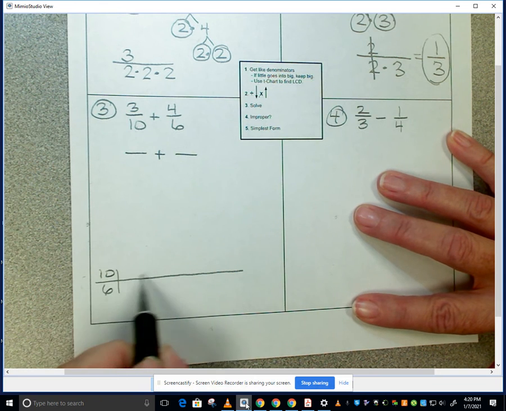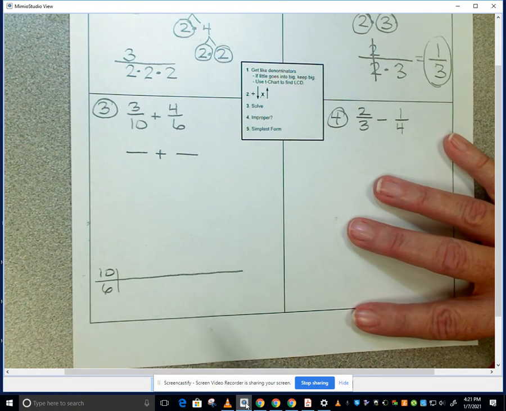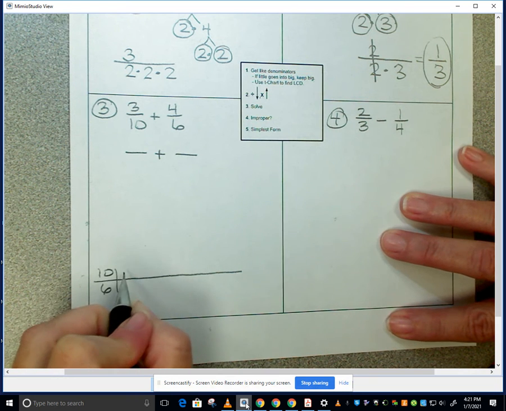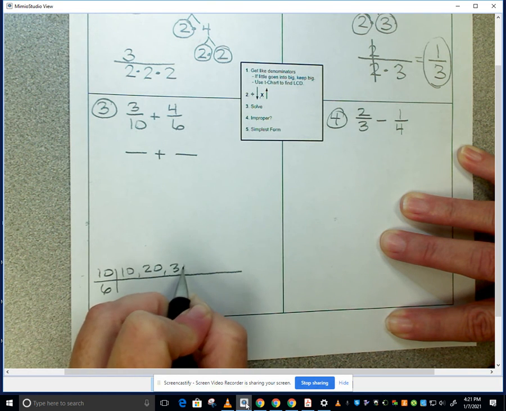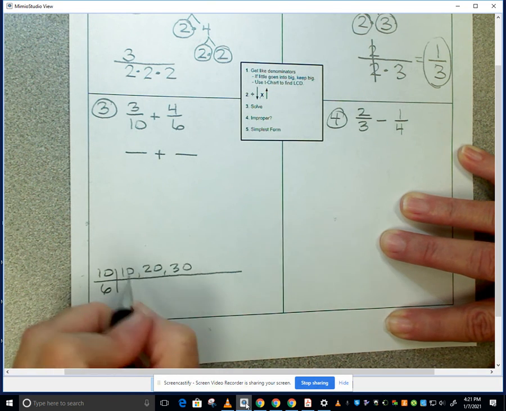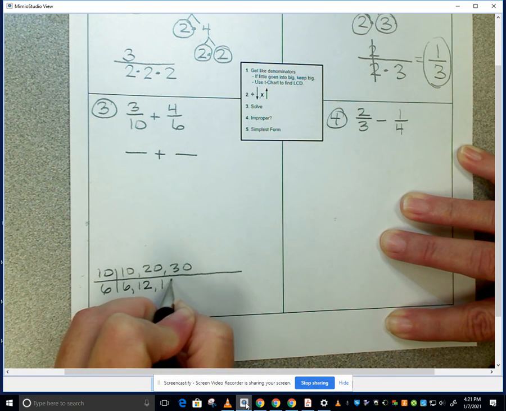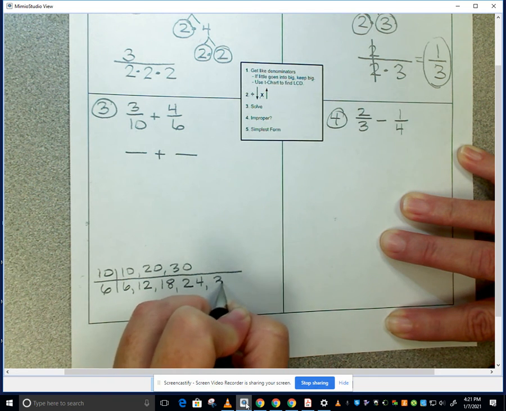Now, when I do my T-chart, I'm going to count the multiples of these numbers. I'll count by 6 and I'll count by 10. So let me do a few of these 10s. 10, 20, 30. Now let me do 6. 6, 12, 18, 24, 30.